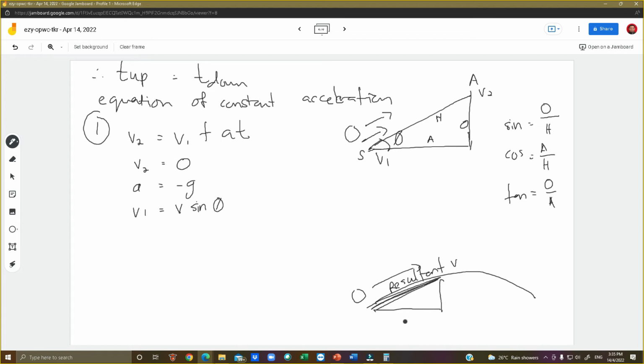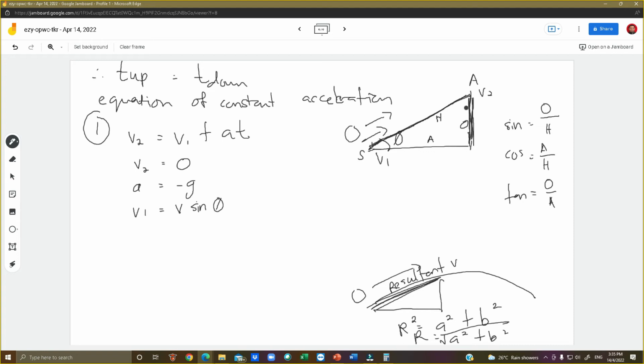Jadi dia adalah resultant. Ingat tak benda semalam? R square equals to A square plus B square. So R equals to the square root of A square plus B square. Ni resultant. Untuk cari resultant, kita perlukan value dekat hypotenuse and value dekat vertical component.